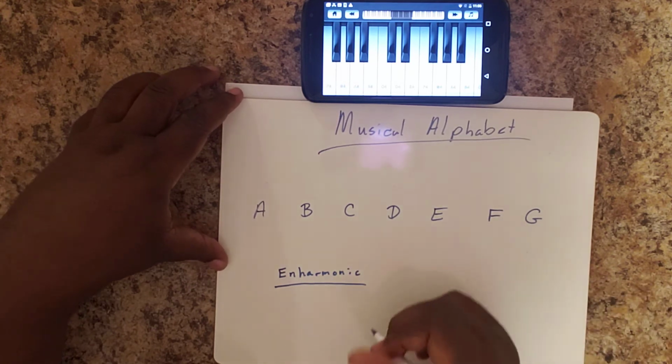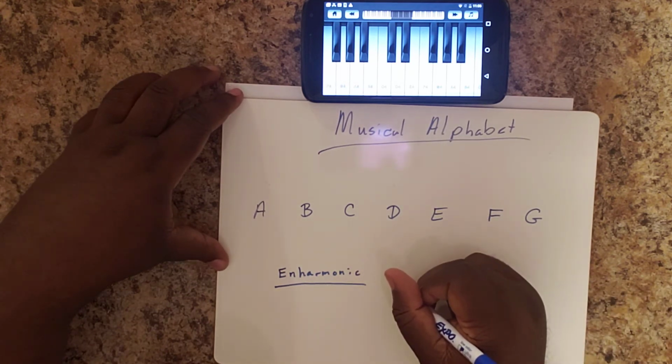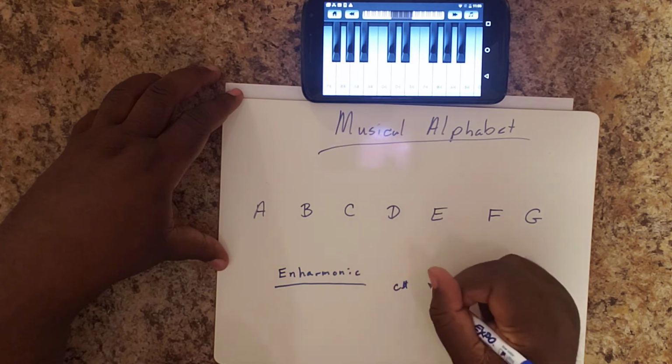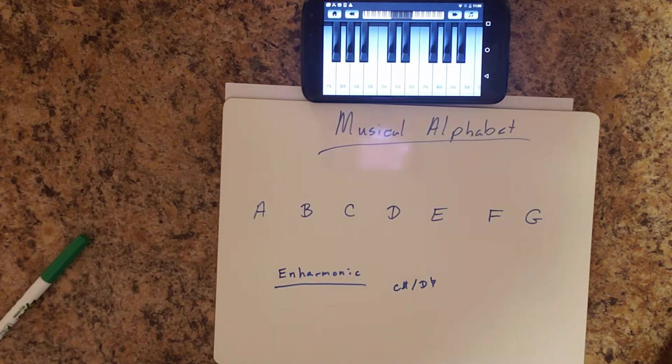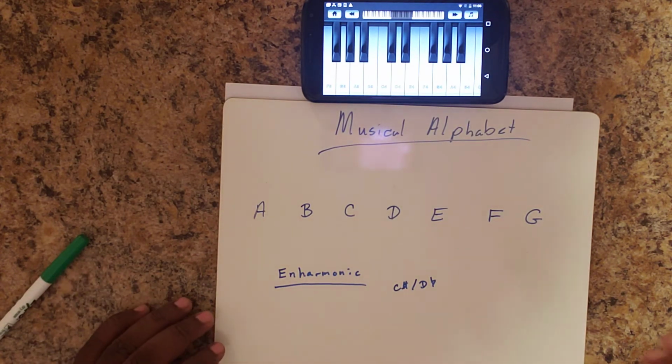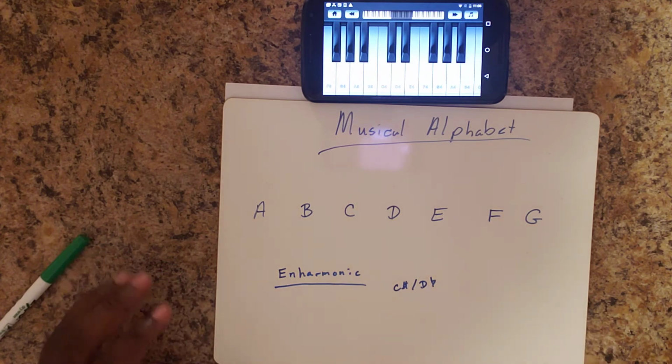All right, so that means just like you just saw, C sharp and D flat sound exactly the same, but they're spelled different. And it's based on what accidental is being used and what's the starting pitch.